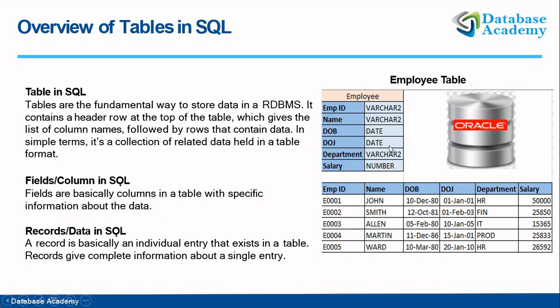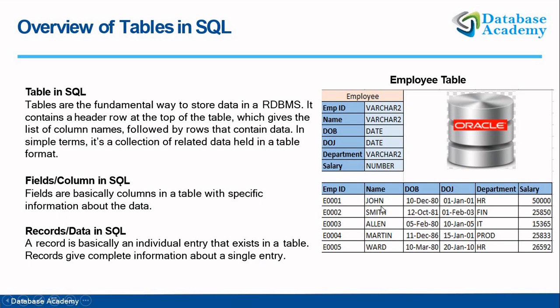We will understand in depth in upcoming videos. So this is the structure of the table, the columns of the table and their respective data types. Now a record is basically an individual entry that exists in a table. So a record gives complete information about a single entry.